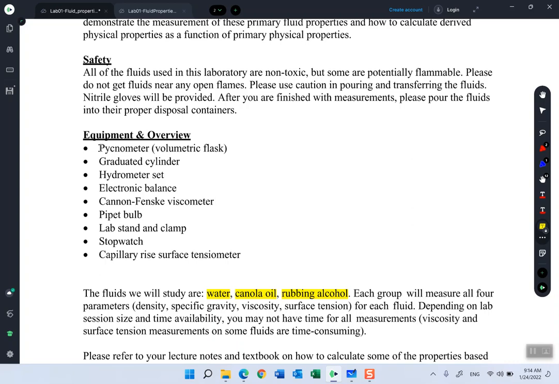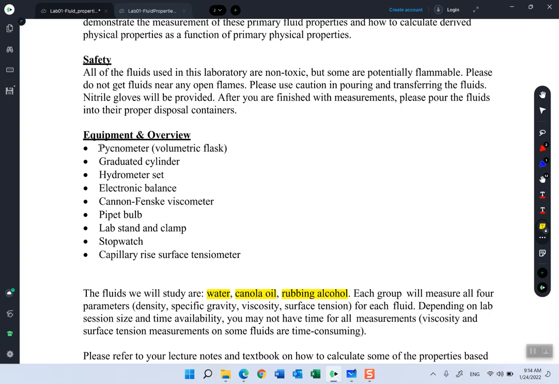This one, and I will tell you how to use it now. Of course, the lab stand, stopwatch. Unfortunately, we don't have a stopwatch, so we will rely on our phones. And a very nice surface tensiometer, this one.